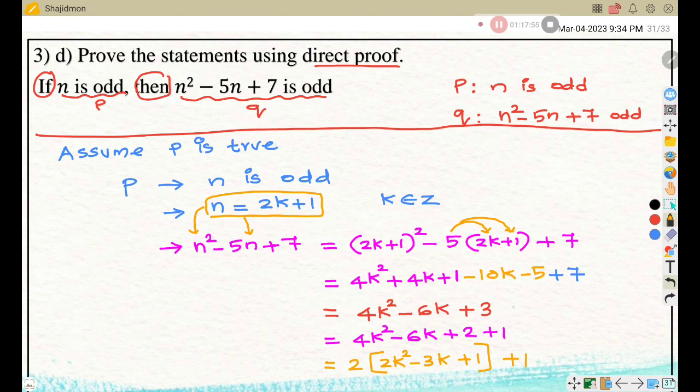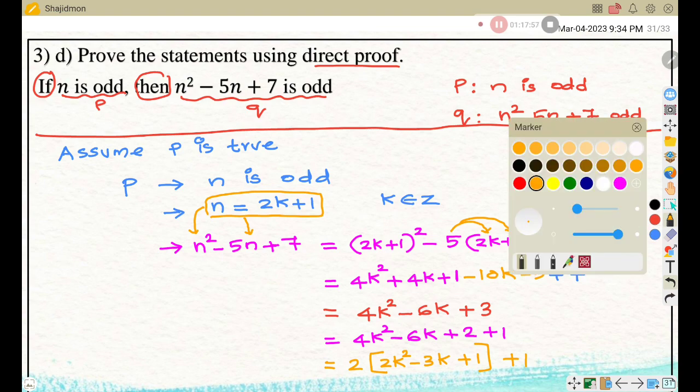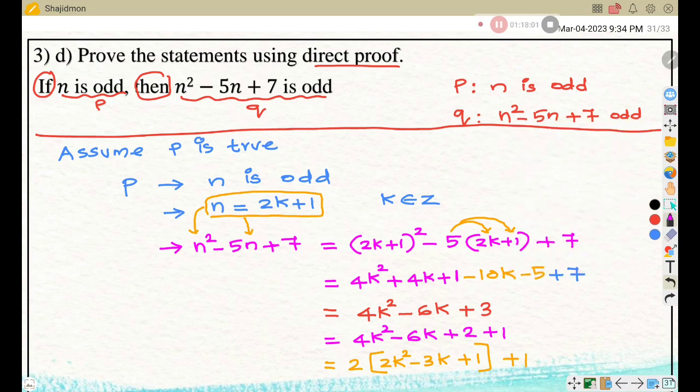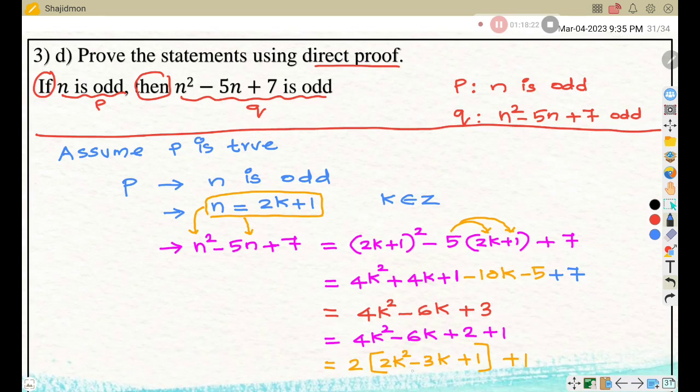I told you the logic why we write like that already. That means we got n square minus 5n plus 7 equals 2 times (2k power 2 minus 3k plus 1) plus 1, correct. Last we got this step.